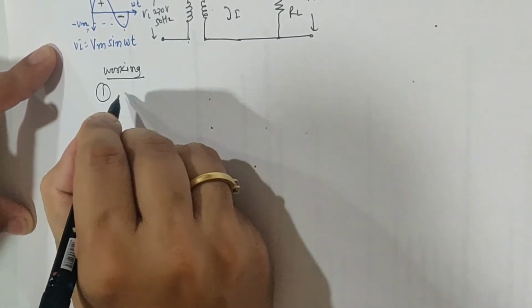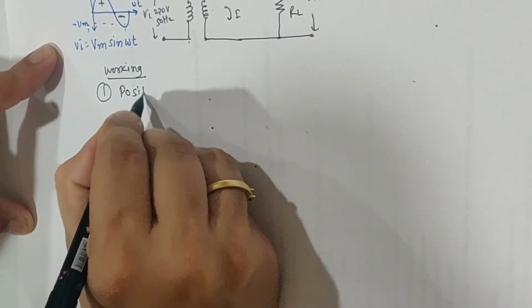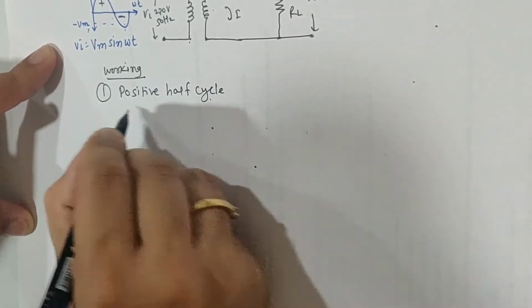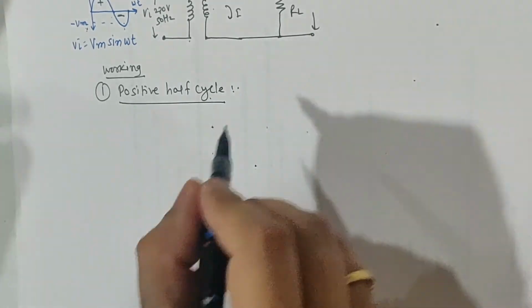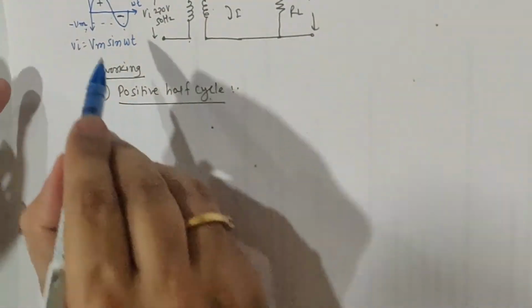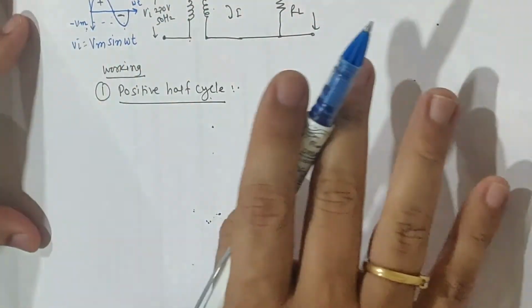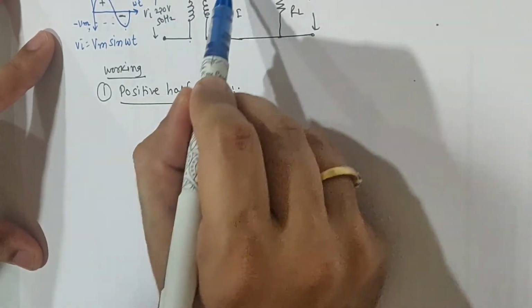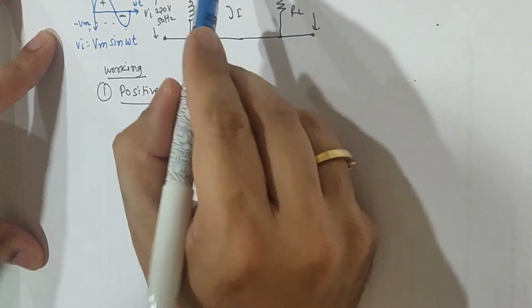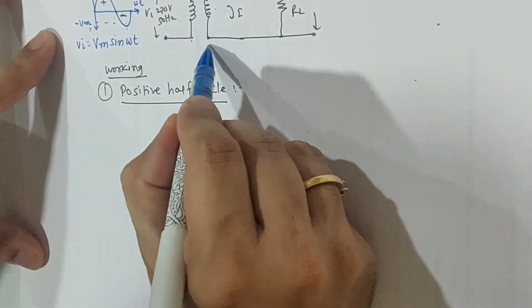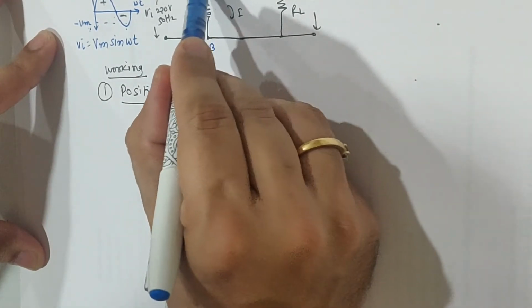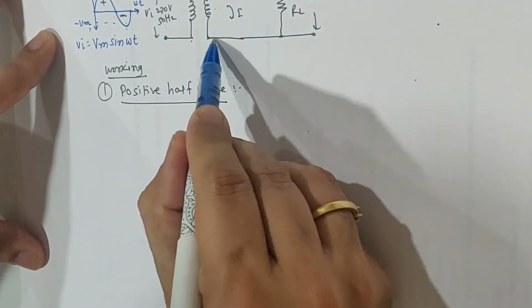So I will write first positive half cycle. I am considering that we have applied the positive half cycle. Now see what will happen. When positive half cycle is applied to this circuit, this point is going to be positive. So let us say point A and point B. When you apply positive half cycle, point A becomes positive and point B becomes negative.